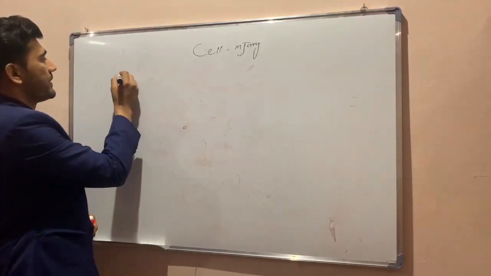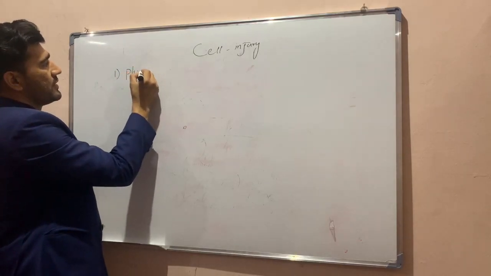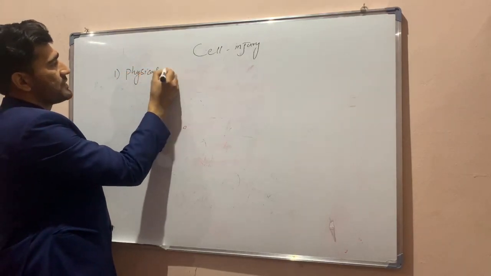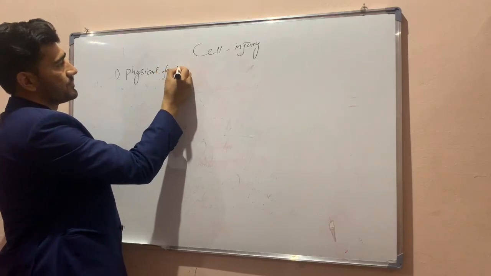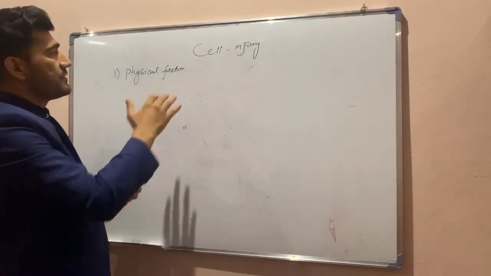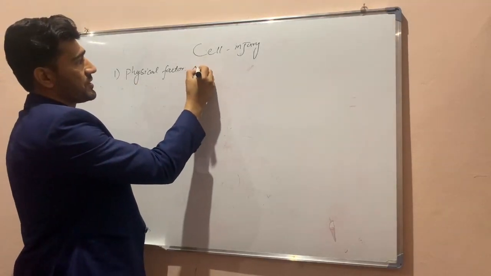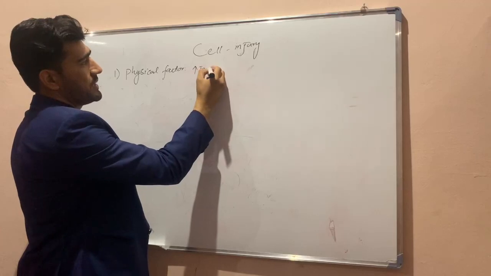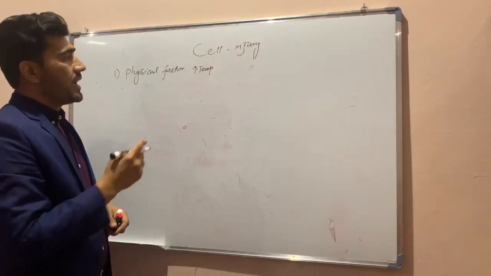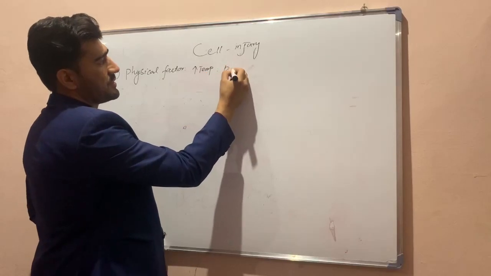Number 1 is the physical factors. In the physical factors, whenever there is increased temperature, the cell becomes injured, and increased temperature occurs in burn injury.